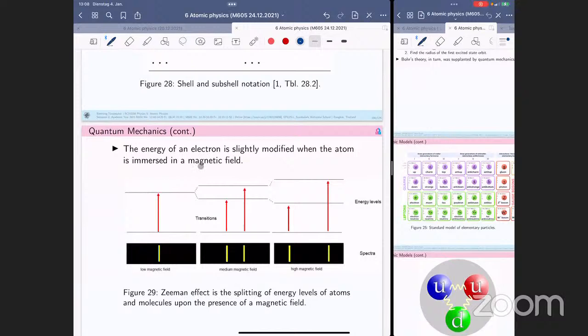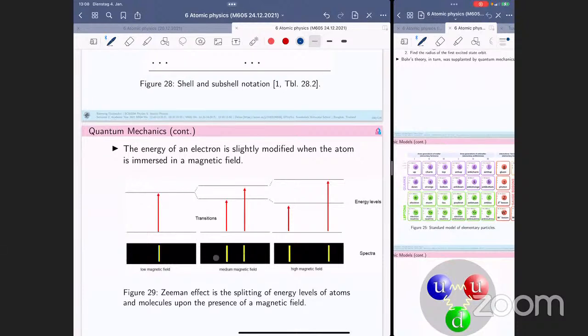We will see the detail. The energy of the electron is slightly modified when the atom is immersed in a magnetic field. So this is the low magnetic field, and that's the value the physicists could calculate from the Bohr expression, right? Minus 13.6 divided by n square, and so on.